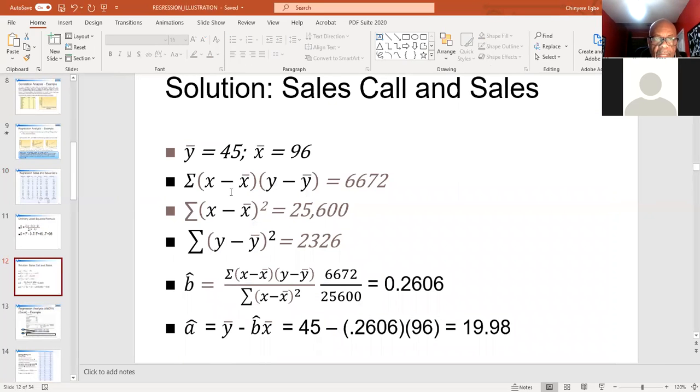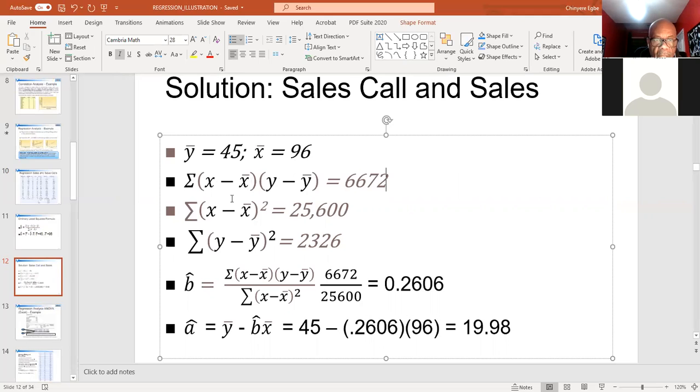The sum of X minus X bar times Y minus Y bar is 6672. And the sum of X minus X bar squared is 25,600. And so you have B hat here, which is 6672 over 25,600. So you get 0.2606.